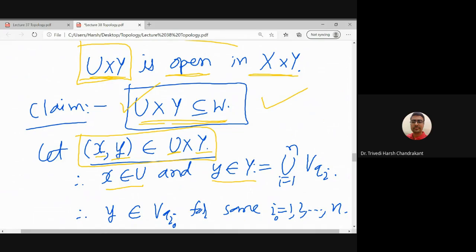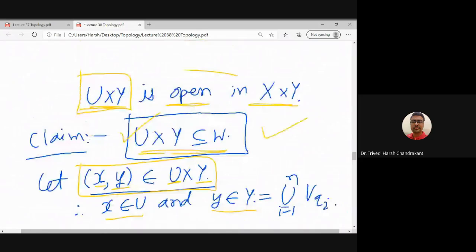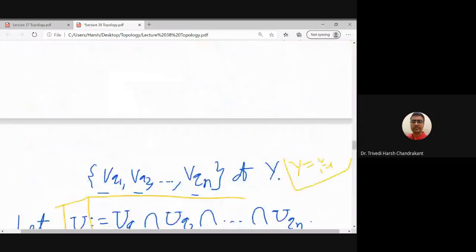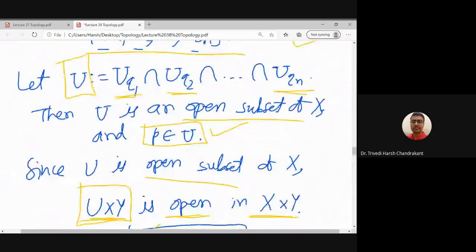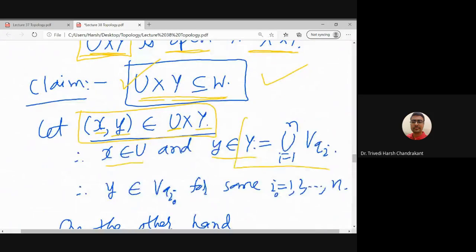And then we know that Y has a subcover VQ1, VQ2, VQn, right? So Y can be written as a union of VQ1, VQ2, VQn.